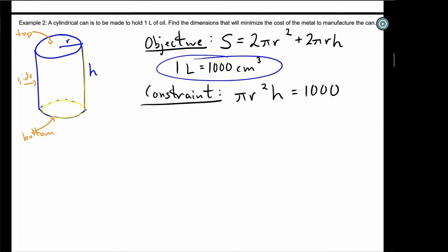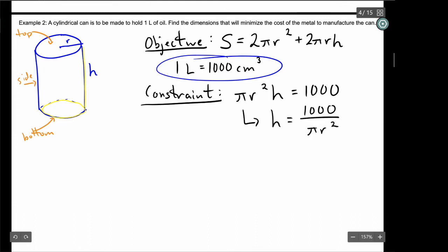Now the procedure is going to be the same as before. We need to solve the constraint for some variable. We can use either one, really. It's usually a good idea to pick the one that's easier to do. So here, h is easy to solve for. So let's solve for h. This is 1,000 over pi r squared.